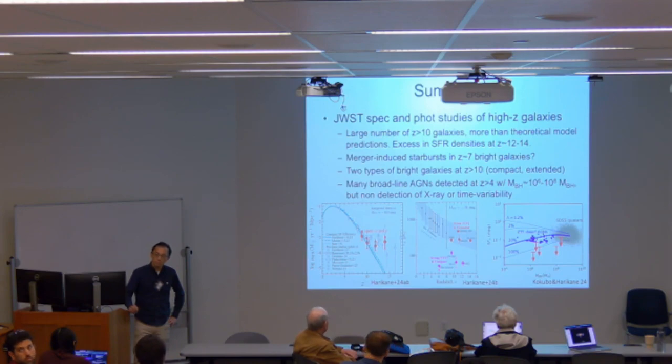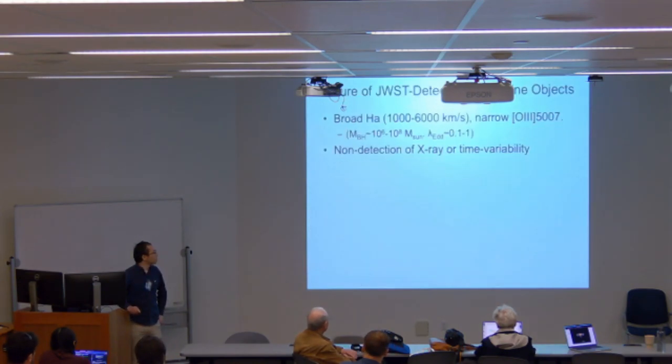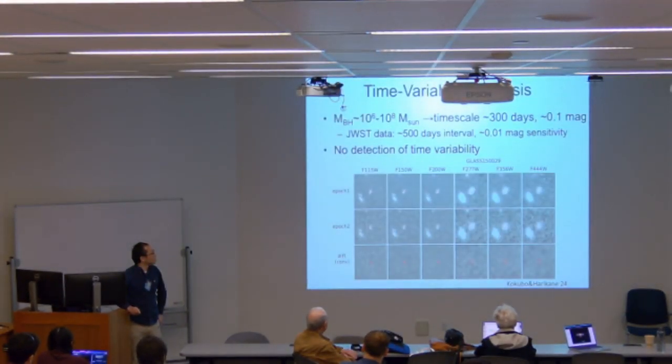The one that you showed is about a year apart, right? Yeah, it's about a year. So it's still uncertain whether those objects have time variability. Yeah, thank you very much.